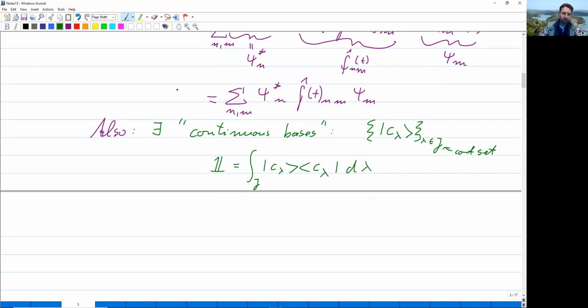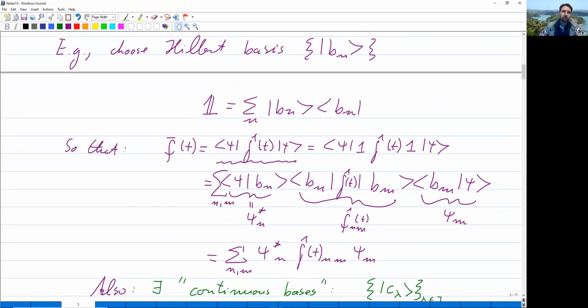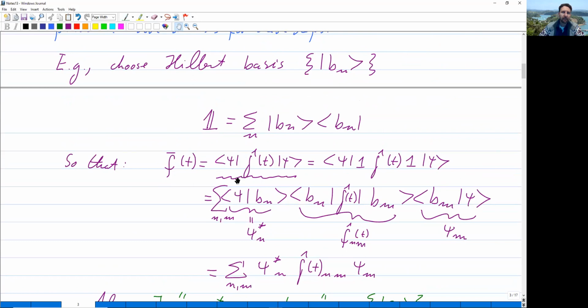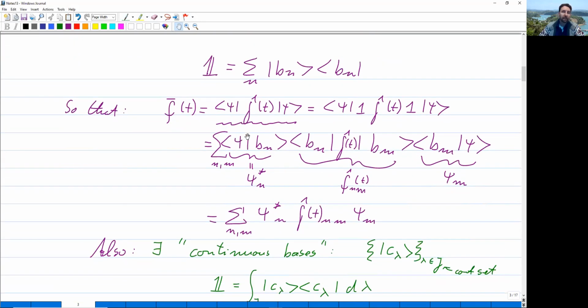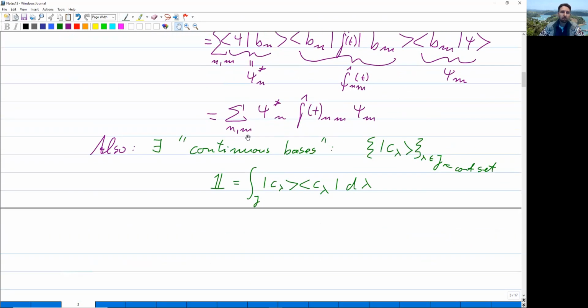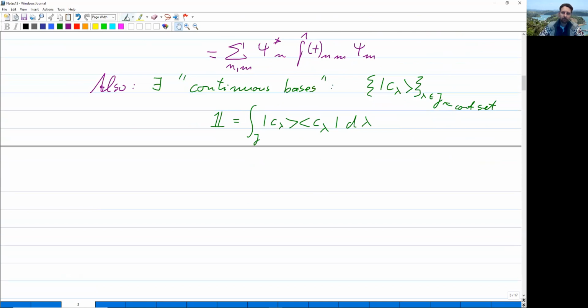All right, but I don't want to review all we did last time. So once we have this resolution of the identity, we can do what we did with the resolution of the identity up here. We can write down operators in a basis. So we can then write, in particular, the expectation value that we calculated above, which is psi, f hat of t, psi.